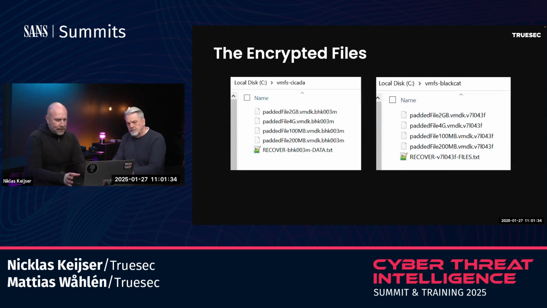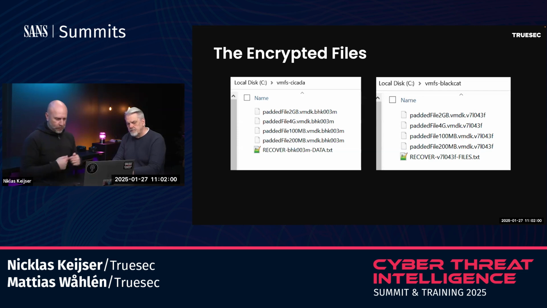If we take the ransomware, when it encrypts the files, and put them next to each other, to the left we have the Cicada one, and to the right BlackCat. We see a 7-character extension, which is somewhat randomly generated, but it is the same for the same binary.